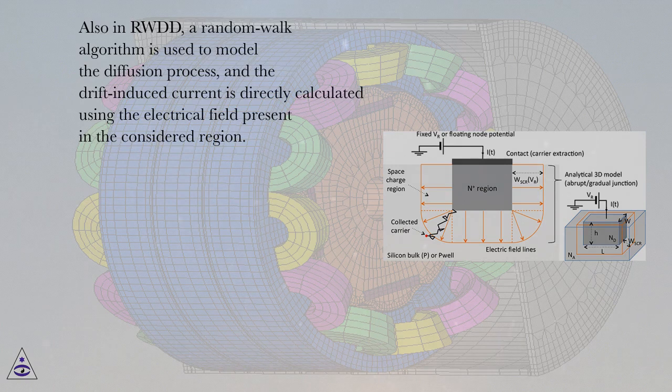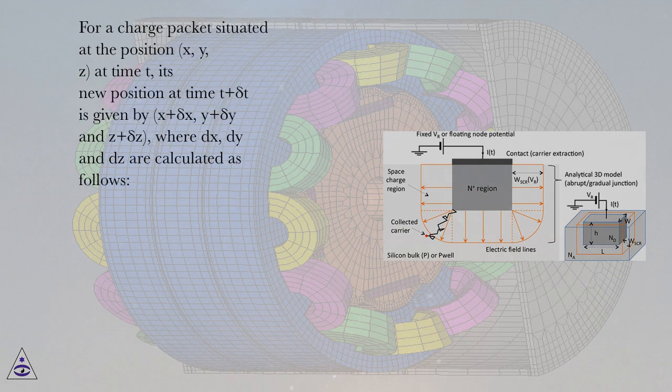Also in RWDD, a random walk algorithm is used to model the diffusion process, and the drift-induced current is directly calculated using the electrical field present in the considered region. For a charge packet situated at the position x, y, z, at time t, its new position at time t plus delta t is given by x plus delta x, y plus delta y and z plus delta z, where dx, dy and dz are calculated as follows.